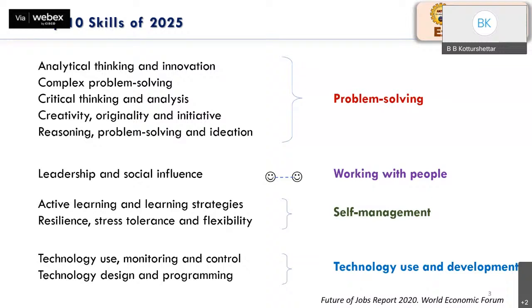If we just go through this list, the skills are analytical thinking and innovation, complex problem solving, critical thinking and analysis, creativity, originality and initiative, reasoning, problem solving and ideation.